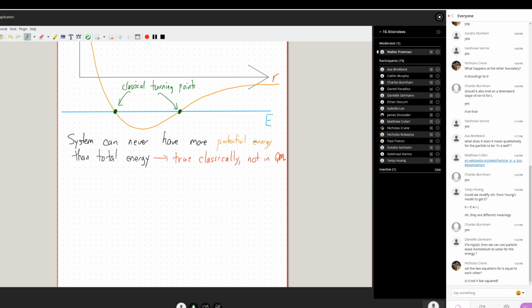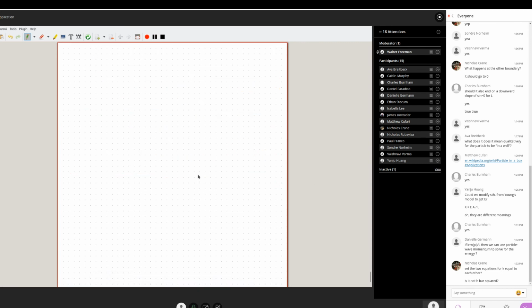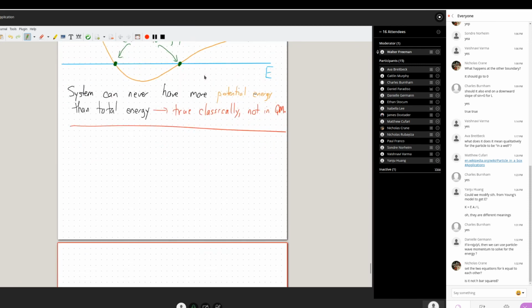But the other thing that is true, well, let's make a comparison table here. In the classical way of thinking about this problem, versus the quantum way of thinking about this system, a couple of behaviors are a bit different.